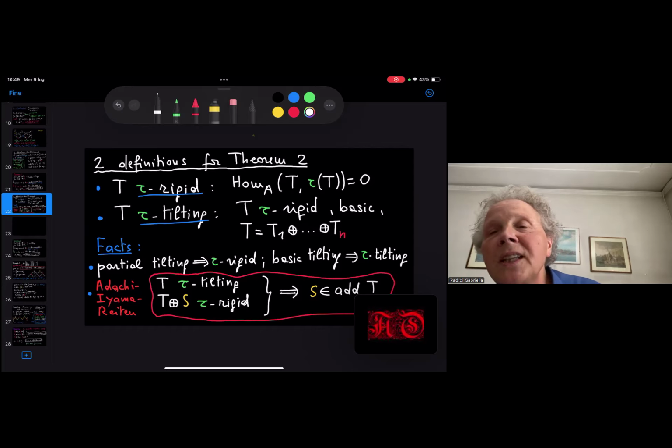And an important result from tau-tilting theory, due to Adachi, Iyama, and Reiten, says that if T is tau-tilting, and if the direct sum of T and S is tau-rigid, then the summand S belongs to the class add T.